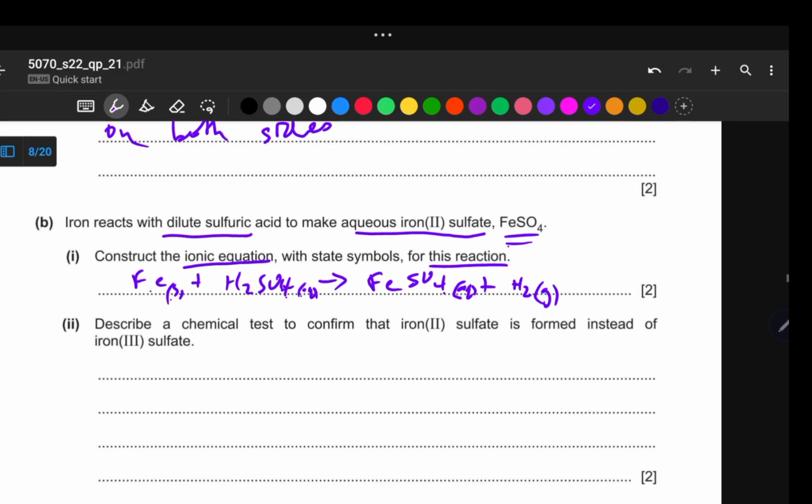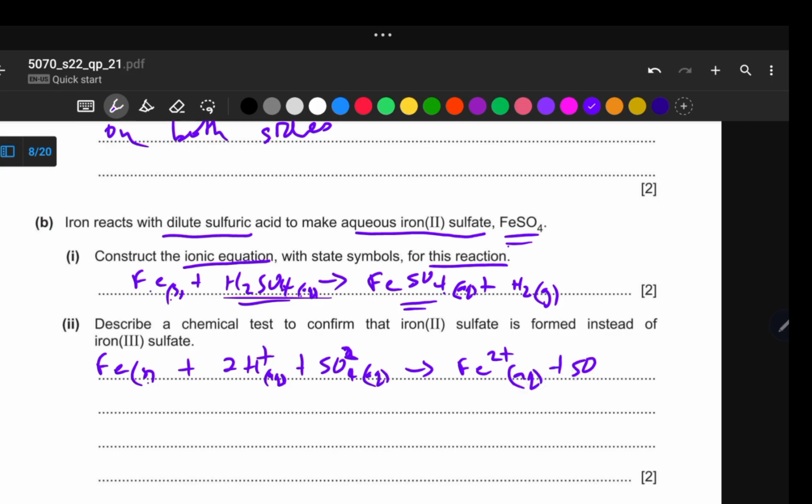So for the ionic equation, we then split the ions in the aqueous phase, right? So we're going to have iron in the solid phase plus 2 protons plus the sulfate ion in the aqueous phase, to give iron 2 plus aqueous plus the sulfate 2 minus in the aqueous phase plus hydrogen gas, right?